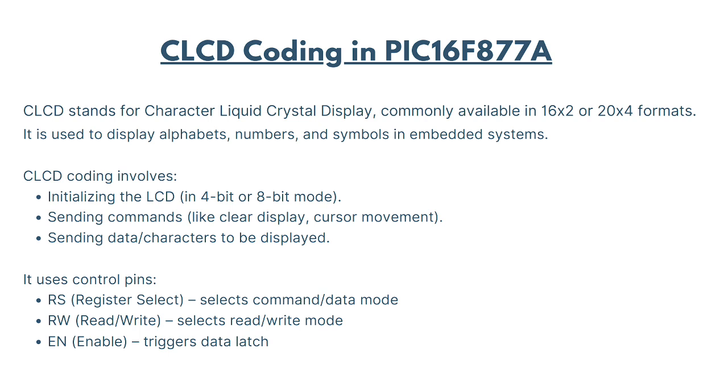CLCD coding involves initializing the LCD in 4-bit or 8-bit mode, sending commands like clear display and cursor movement, and sending data characters to be displayed. It uses control pins like RS, RW, EN. RS stands for register select. It is used to select command or data mode. RW stands for read and write. It selects read or write mode. EN stands for enable. Enable triggers the data latch.